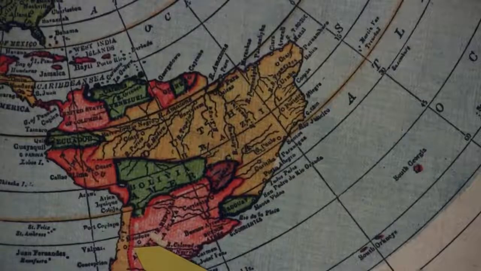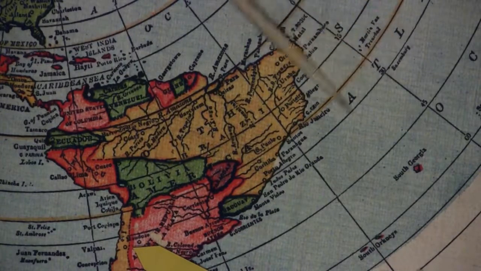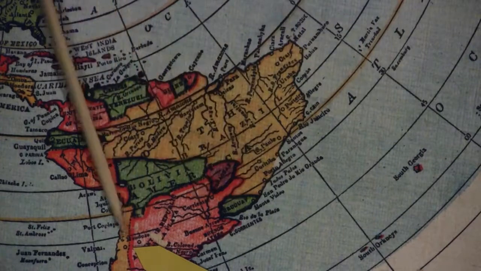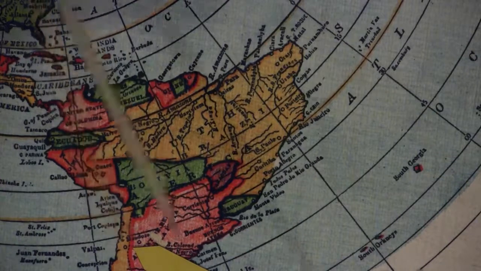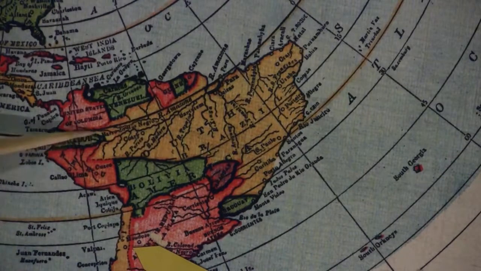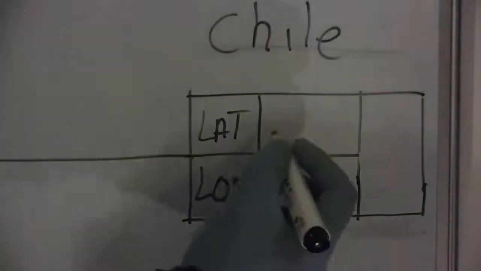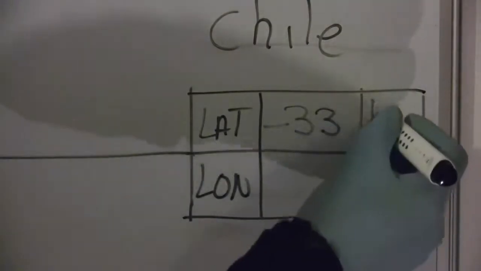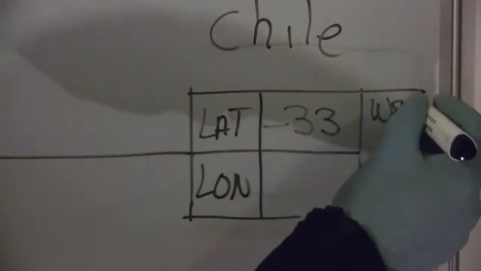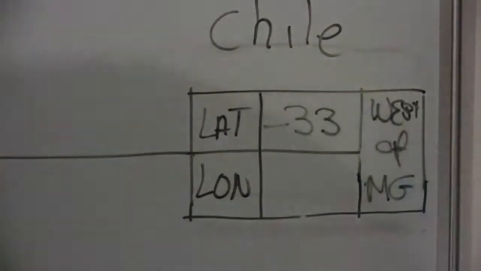We measured 3 degrees from the 30 latitude line. This is the 30 latitude line plus 3 degrees. It's 33 degrees below the equator, minus 33. The latitude is minus 33, west of the meridian of Greenwich.